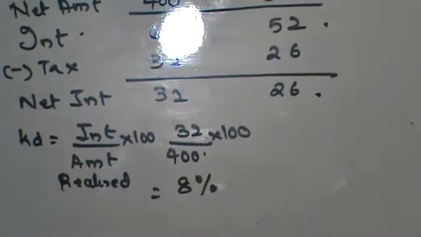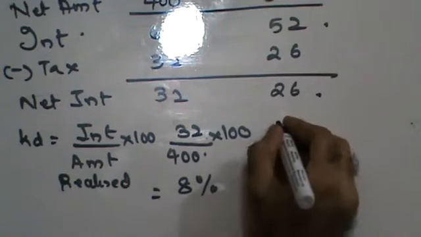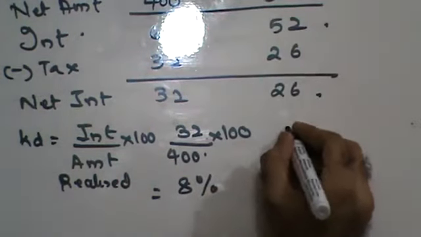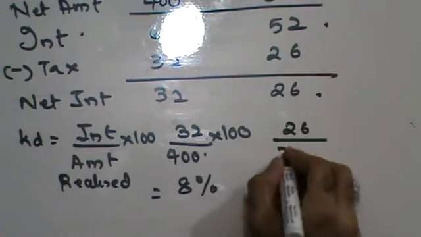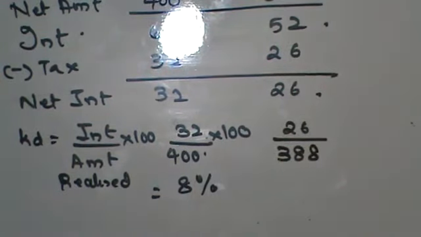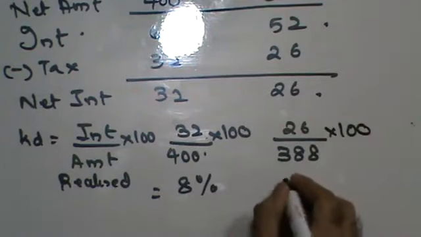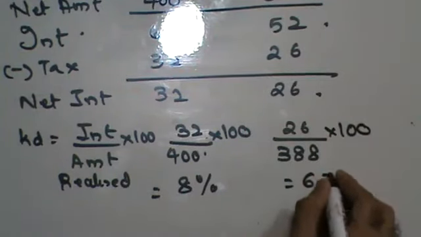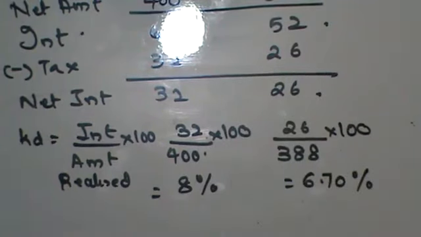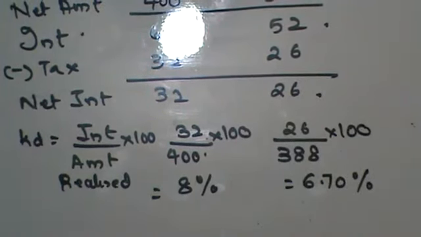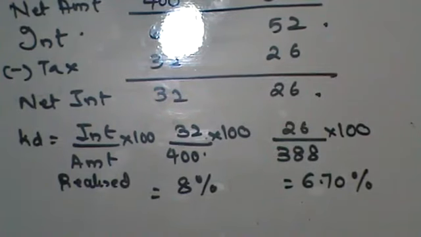So although I've told the lenders that I'm going to pay them 16%, in reality I have to pay only 8%. Whereas in this case, this is 26 lakhs, and the net amount that I got in my hand was only 388 lakhs into 100. 6.70%. So in the case of the first option, the interest that has to be paid is 8%. In the case of the second option, it is 6.7%.